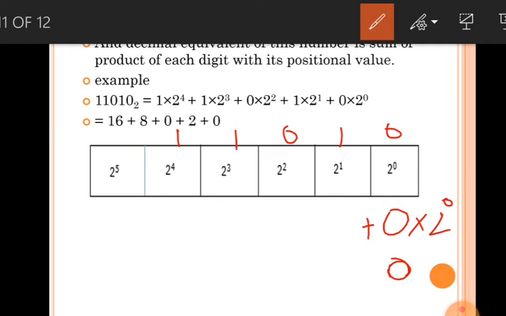So 1 into 2 to the power 1, so 1 into 2 is 2. And here write down the plus 2 to the power 2 and bit is 0. So it is 0.